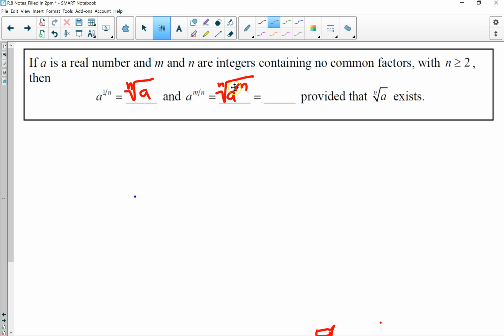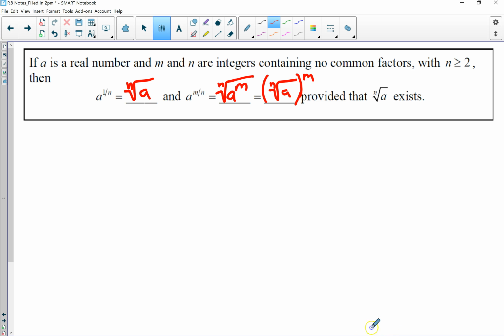So here I did the power of m first and then applied the root, but I could have also done the nth root of a first and then followed that up with the power of m. And it works either way. It's really entirely based off of the problem and what might be the easiest route in terms of which order you apply it in.